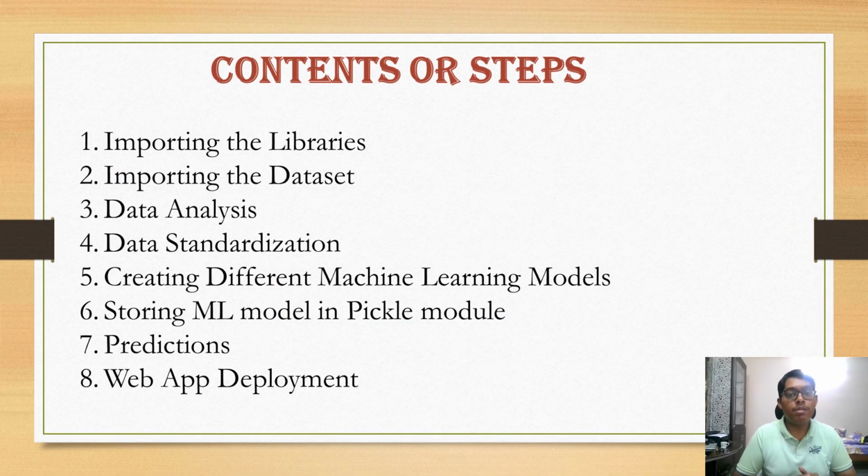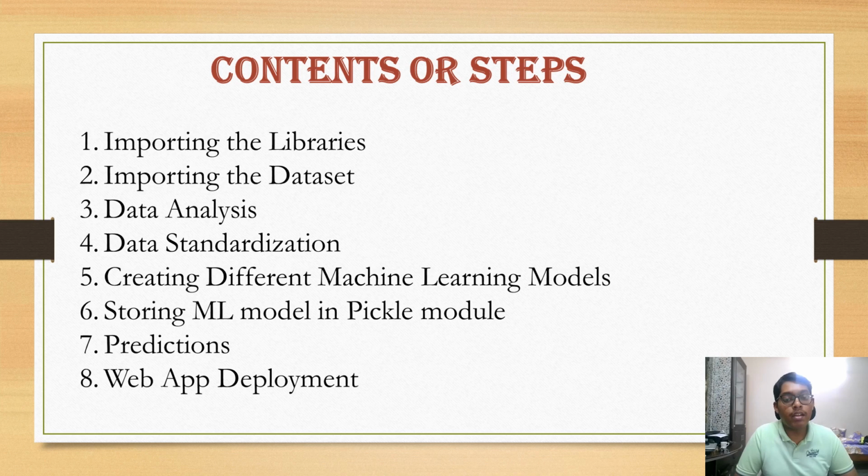So what are the steps that I can do in the machine learning code? First, we can import the libraries and then we can import the dataset. Then we can analyze or visualize the data by using histograms, bar plots, etc. Then we can standardize the data using data standardization.